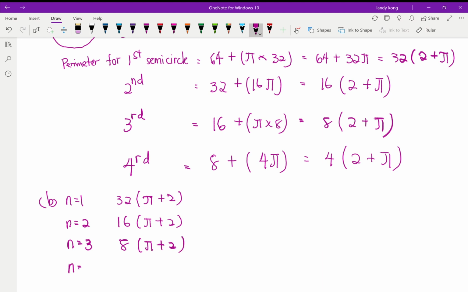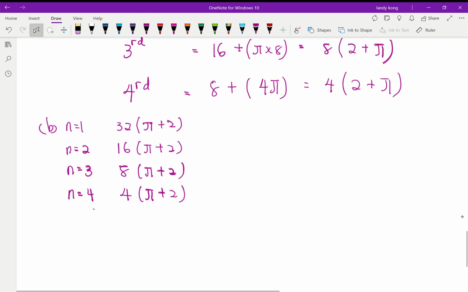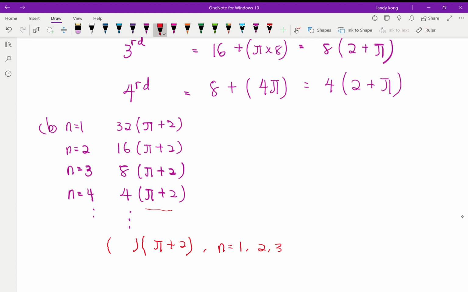When n equals 4, my perimeter will become 4 times (pi plus 2), and so on. Okay, now we want to make the conclusion. So this is the constant part, pi plus 2, and this is the changing part, where n starts with 1, 2, 3, 4, and so on.